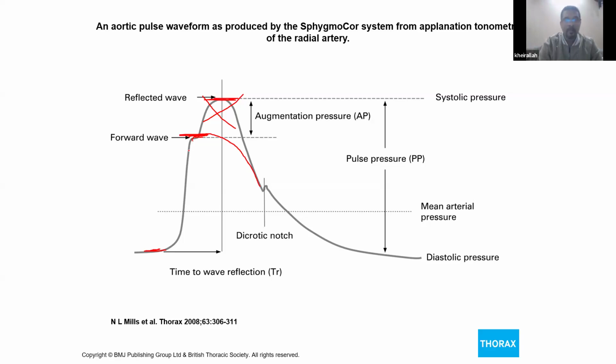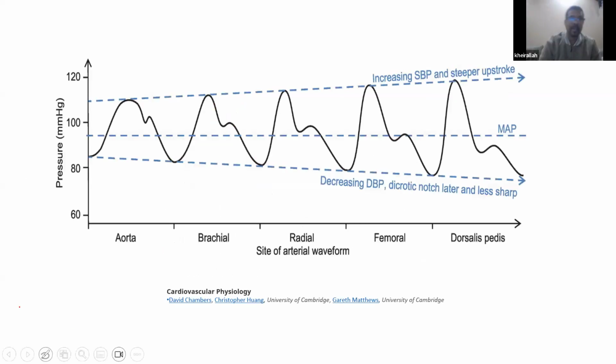Okay? And this is important, because here, if I compare the aorta, and then I go distal: brachial, radial, femoral, dorsalis pedis. You see the diastolic pressure is decreasing and the systolic pressure is increasing.